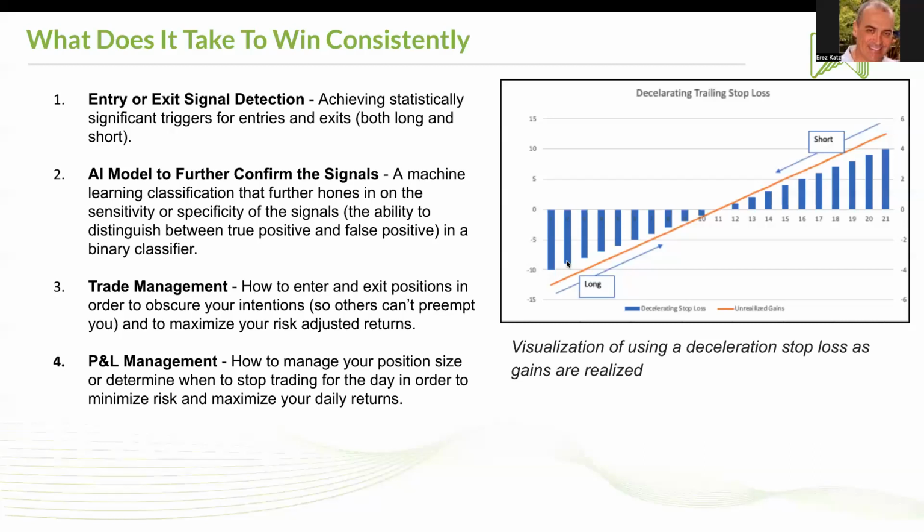In other words, the pain point that you're willing to take is going to be smaller and smaller so as to preserve what you've already earned and not get knee-jerked out. So the idea is to eventually come out with a stop loss that will be so small that you've already realized most of the gains, and you are basically doing a trailing stop loss with a decelerating stop loss level. So it gets higher and higher as you make higher return.